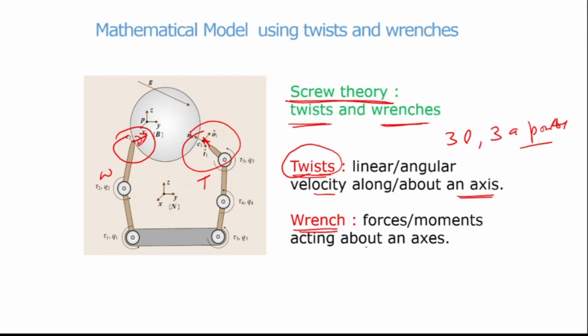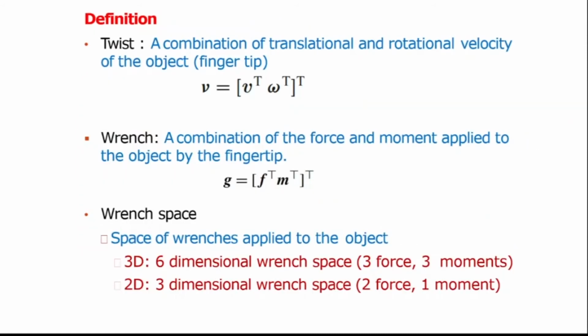So the motion of the object will depend on the forces and moments being applied and what linear and angular velocities may be imparted to the object. Hence we use twists and wrenches for looking at the types of contacts, and then we decide how to impart a particular motion to the object.